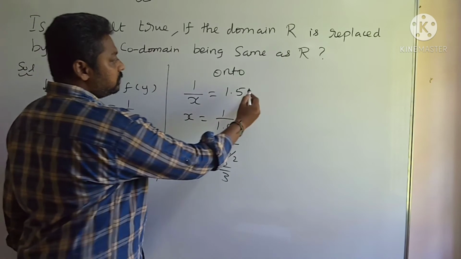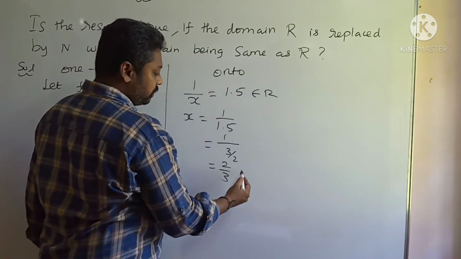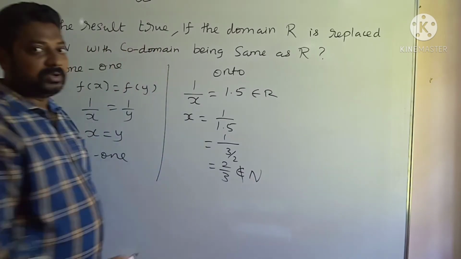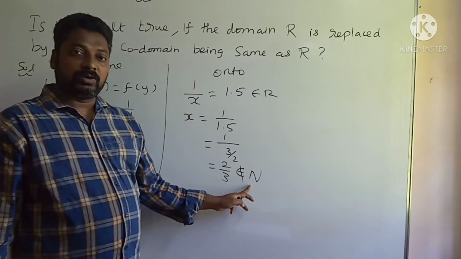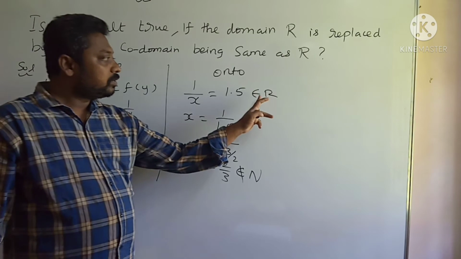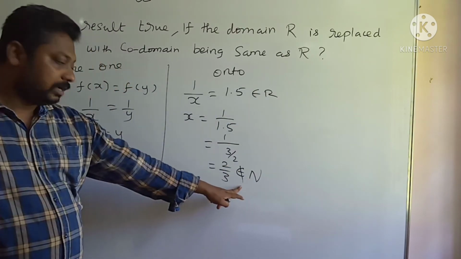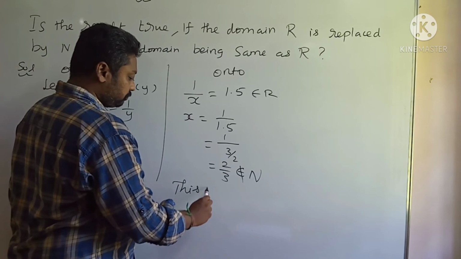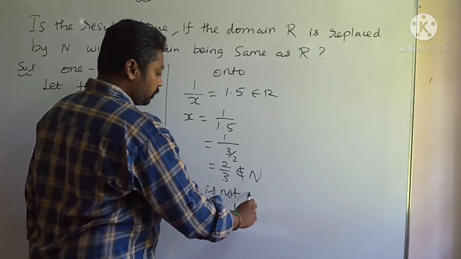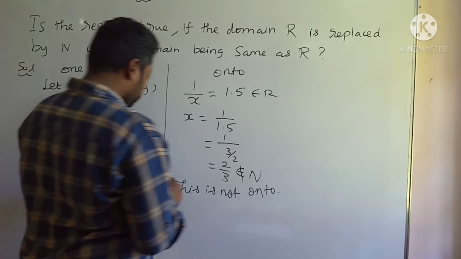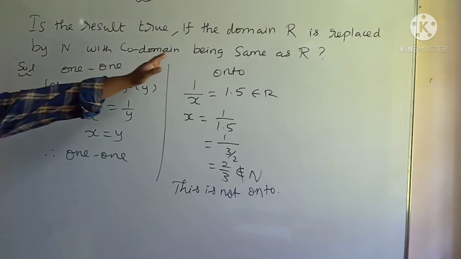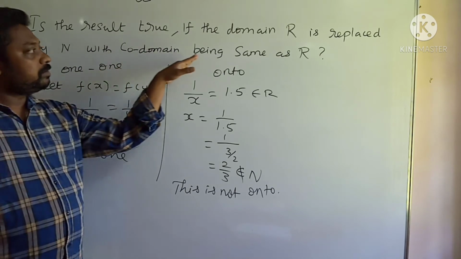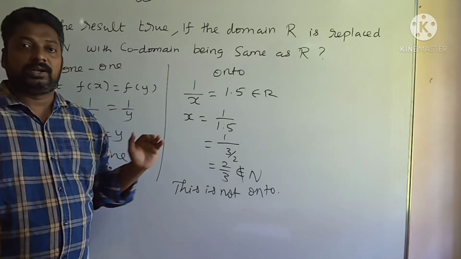So this is a real number, but this is not a natural number, because the domain given is natural numbers. So for any input of a real number, we are not getting a natural number. So this is not onto. So the result is not true if the domain R is replaced by N with the codomain being the same as real numbers.